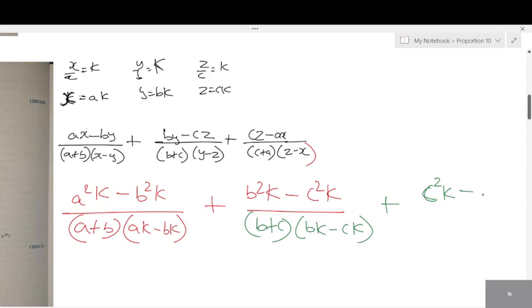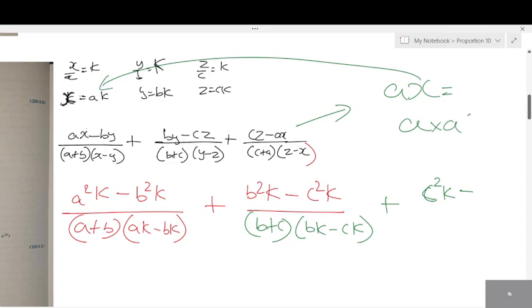C square k minus, for ax, a into what is x's value? See this part, I'm talking about this part, ax. Keep a as it is. What is the x value? A into a square k, divided by c plus a into what is z minus x? Ck minus ak.